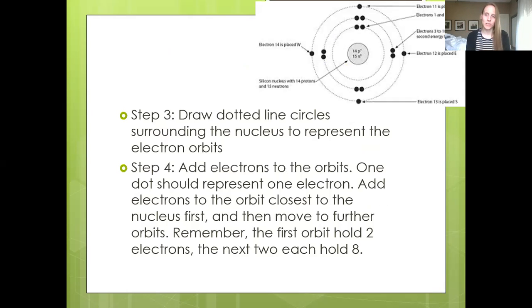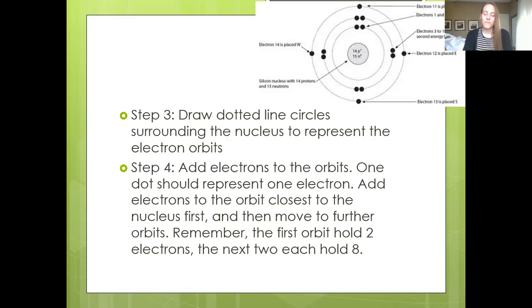If you don't like drawing dotted lines, you can also use solid lines, as long as those are a different color than the nucleus. And then the fourth step is to add electrons, again starting with the closest orbital and moving outwards.